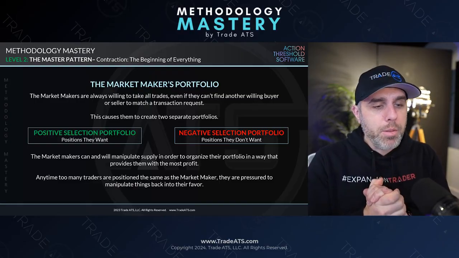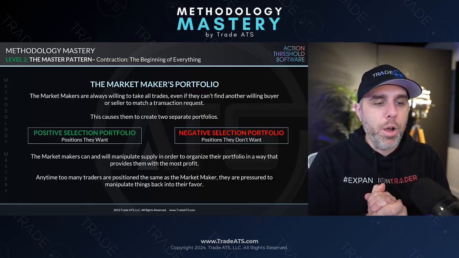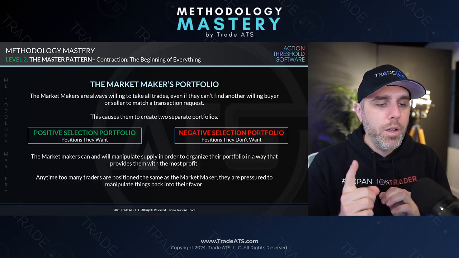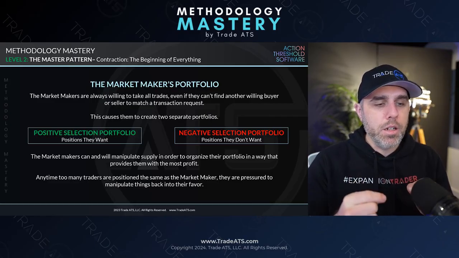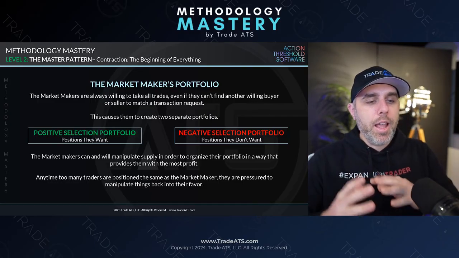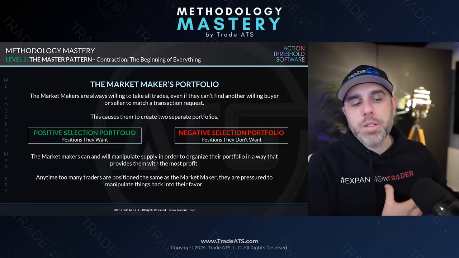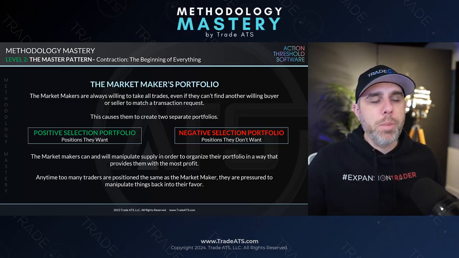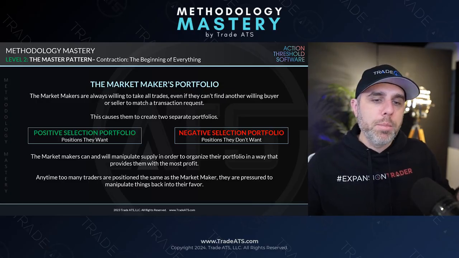But the problem is, if they legitimately know the market is going to go higher, as they are not able to organically match all the buyers and sellers, they end up becoming net the opposite. So if there's a huge buying demand, they're becoming more and more net short. That causes a problem because if the market really truly is going to go up, they've got to unwind this somehow. And that's where we end up with our positive and negative selection portfolio.